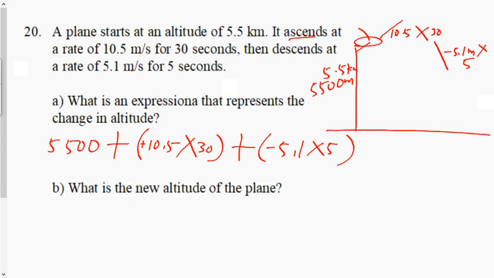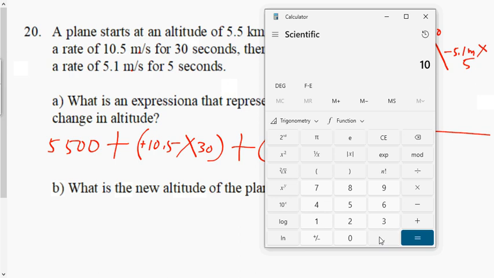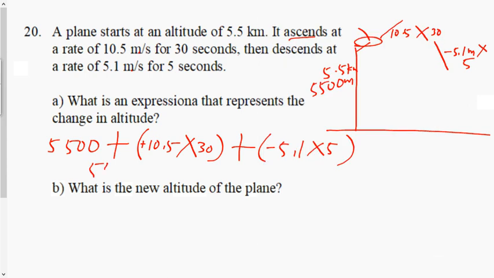If I was to solve it, 10.5 times 30 is 315. I better do this on Sunday morning. I can't do this. So 5,500 plus 315 plus negative 25.5, because I can do that one in my head.